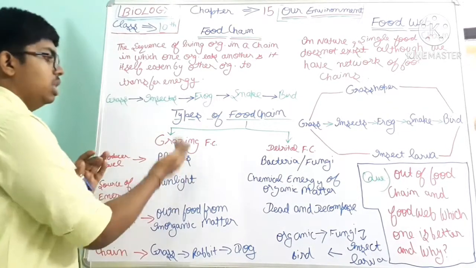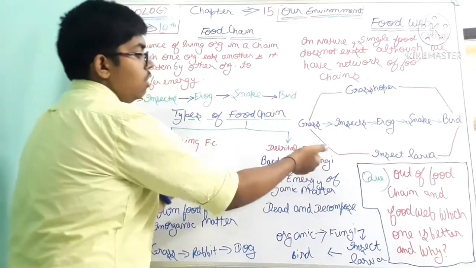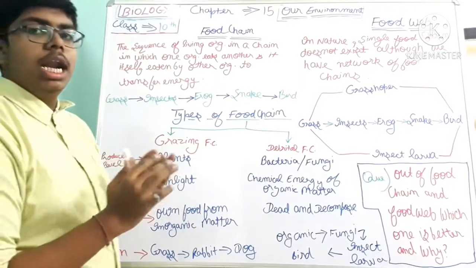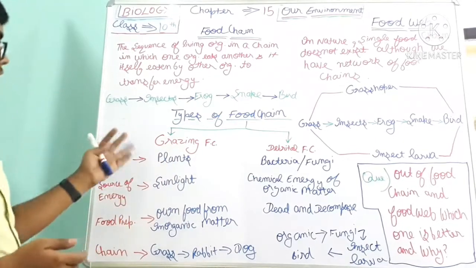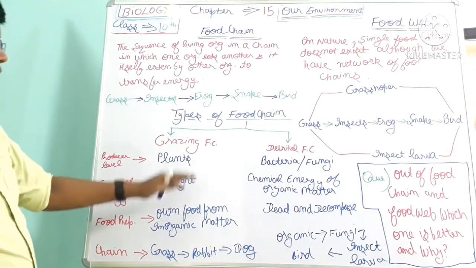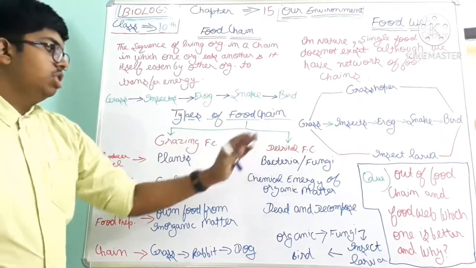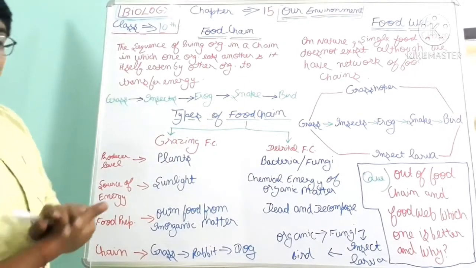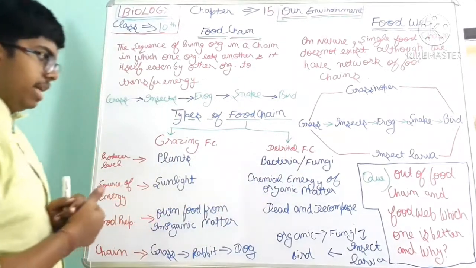In the bacterial food chain, bacteria or fungi are at the producer level. The source of energy for the grazing food chain is sunlight, and for the bacterial food chain, the chemical energy of organic matter.